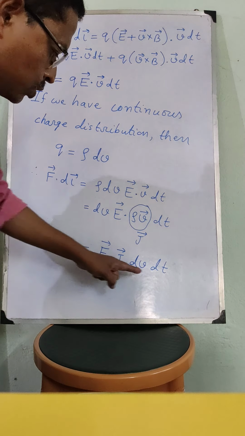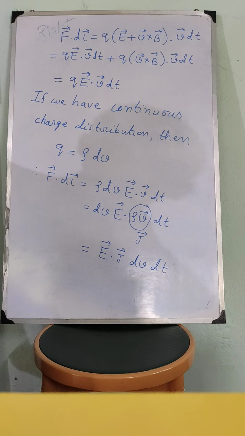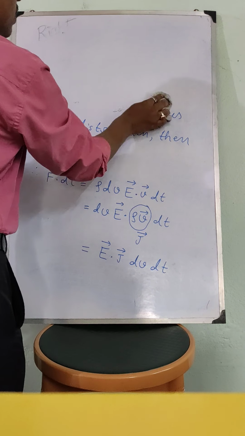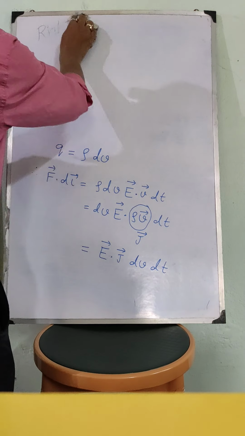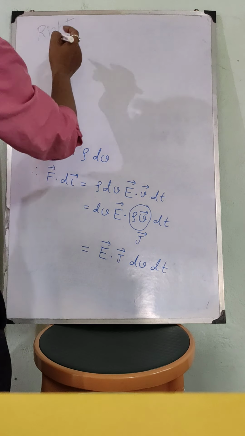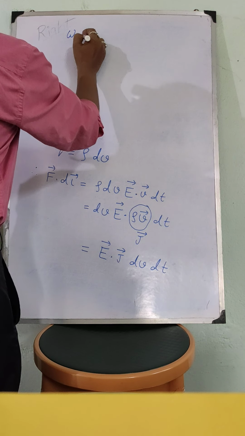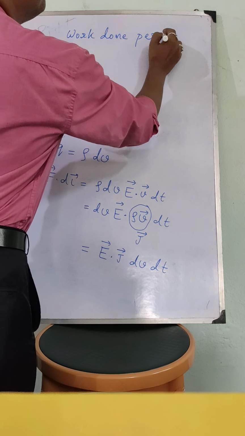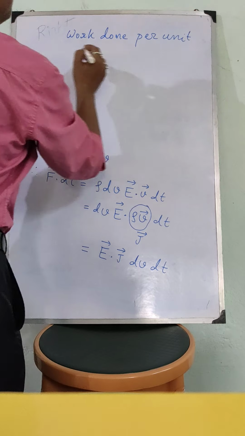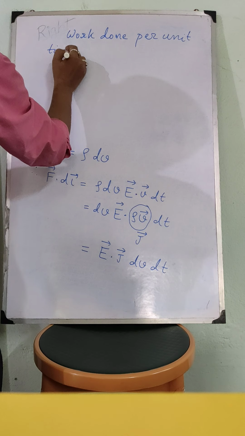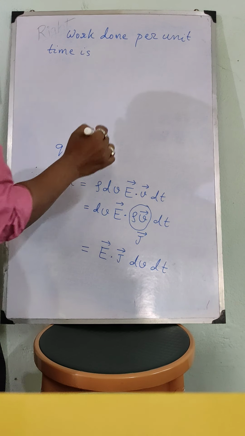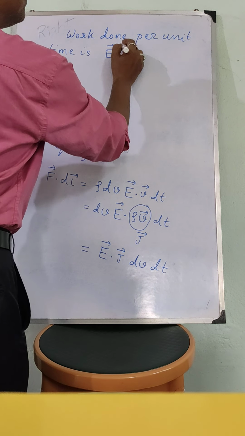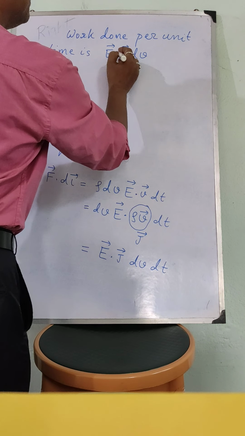I have to divide this quantity by dt. So the work done per unit time is E dot J into dV.